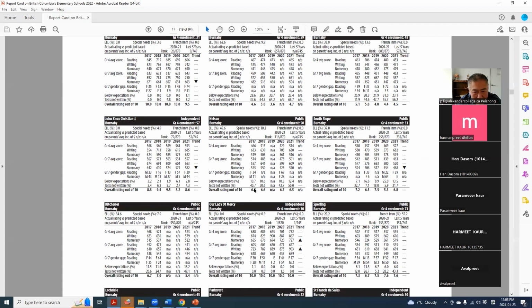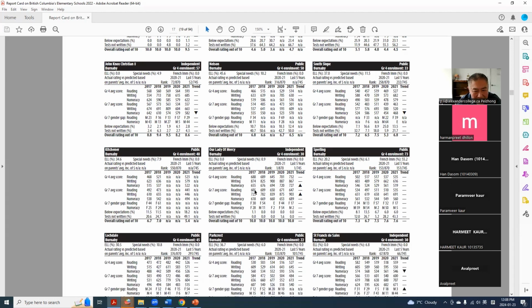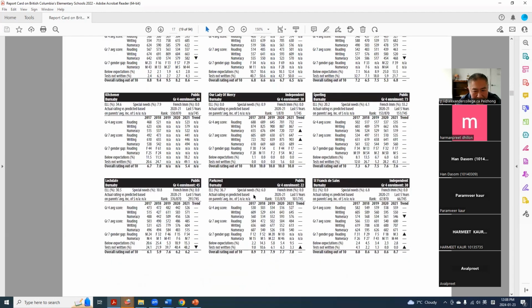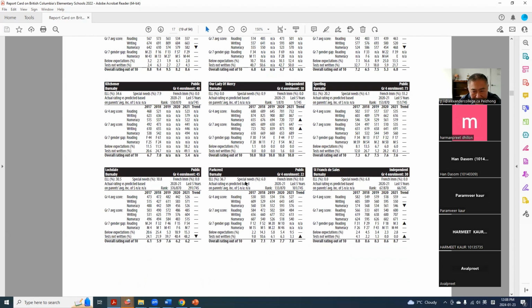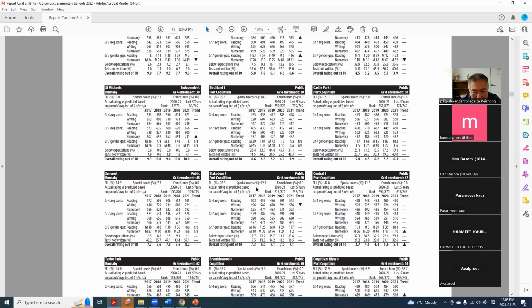But some schools have really low. Our Lady of Mercy, special needs students, less than 1%. Are there higher numbers? 6%. This one, 6.8%, 12%.